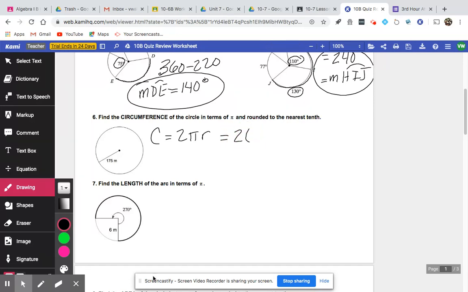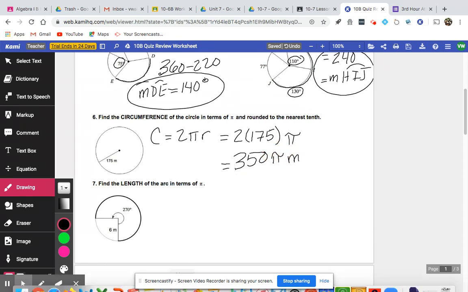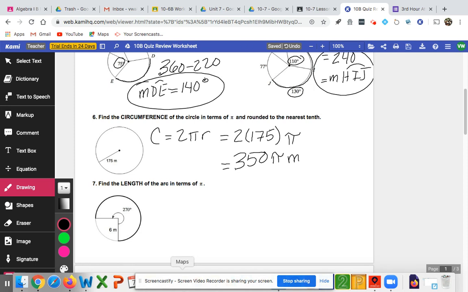Our radius this time is 175. Pi. 2 times 175 should get you 350. 350 pi meters. Include your units.